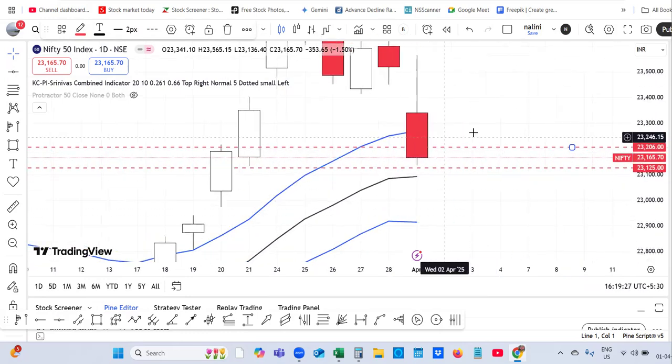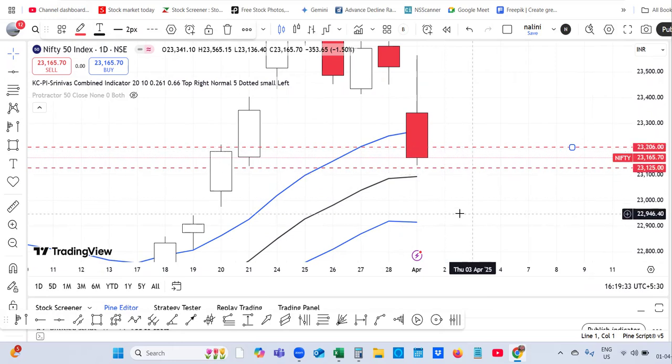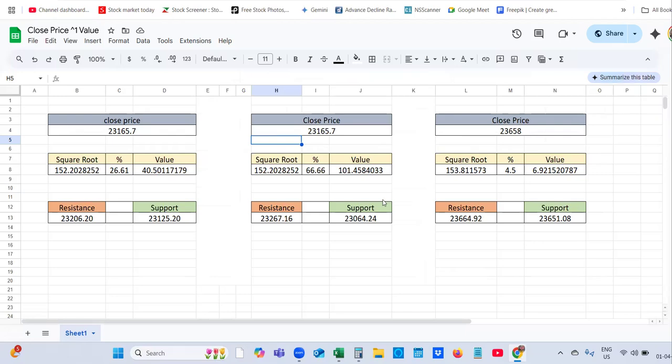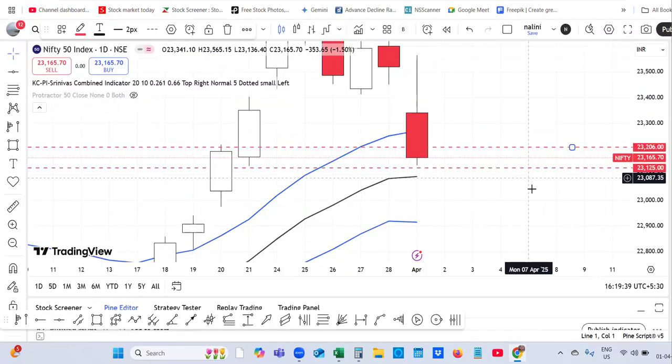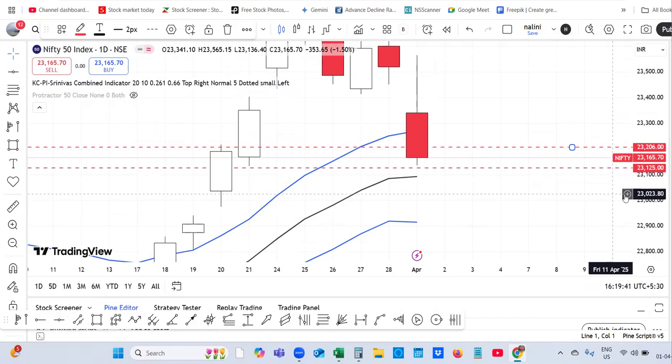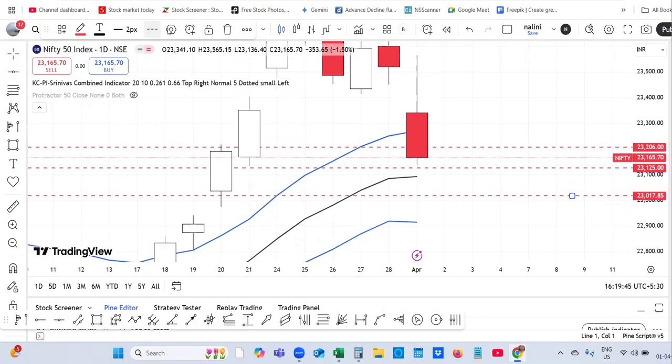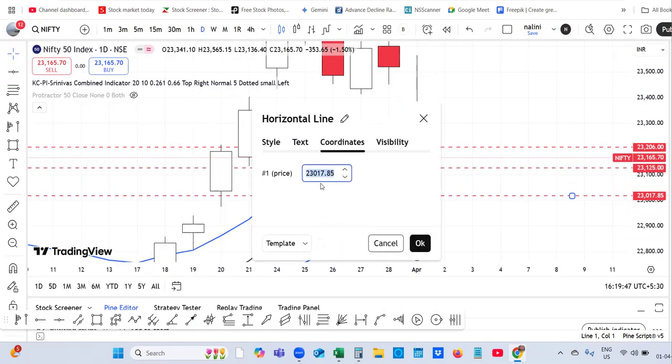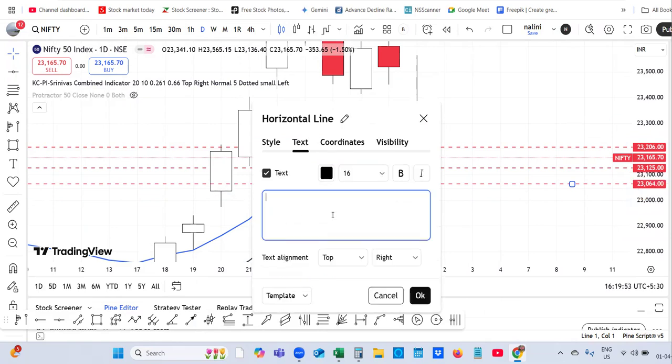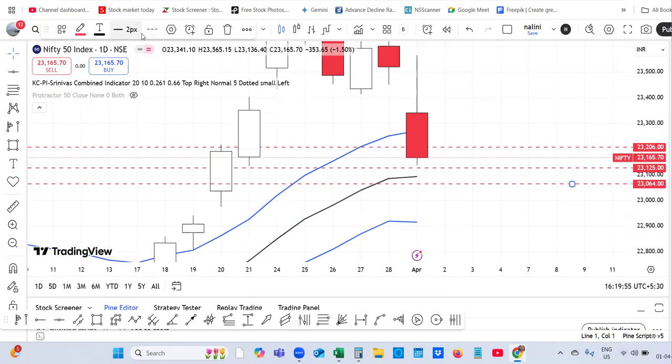That is corresponding to 30 degree. This is positive 30 degree and it is minus 30 degree. And if I come back to this, it is giving 23,064. So I'll go to the coordinate 23,064 and we'll make it blue color.